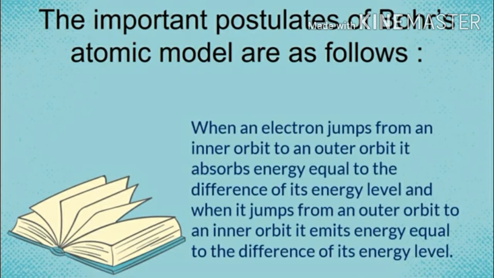And when it jumps from an outer orbit to an inner orbit, it emits energy. Means when it jumps from outer to inner orbit, it gives out energy, and that is equal to the difference of its energy levels. These are the postulates of Bohr's atomic orbit model.